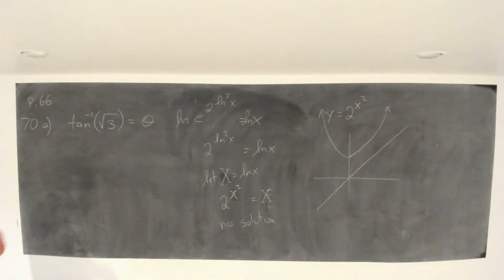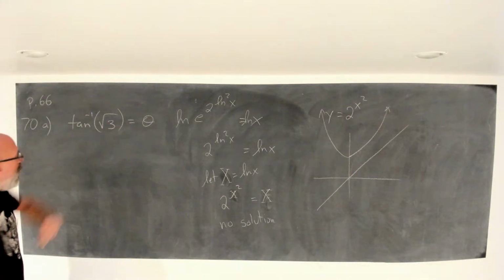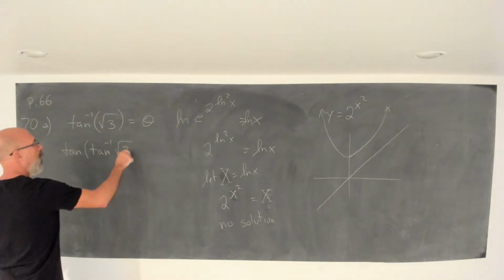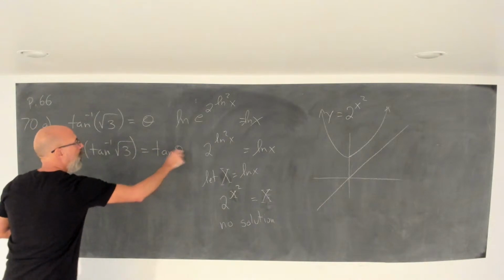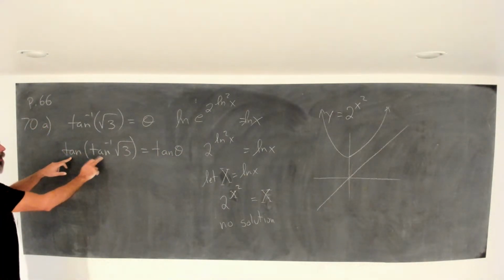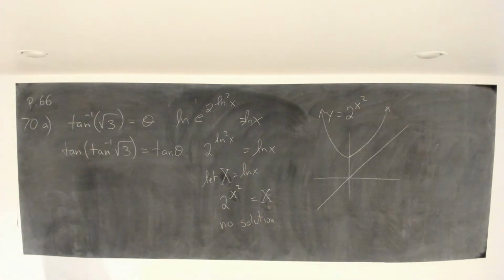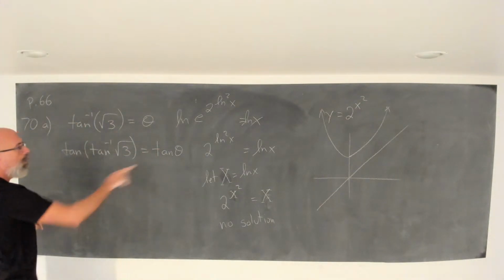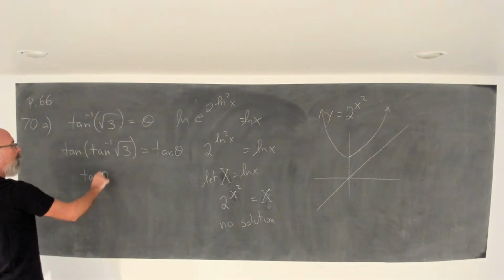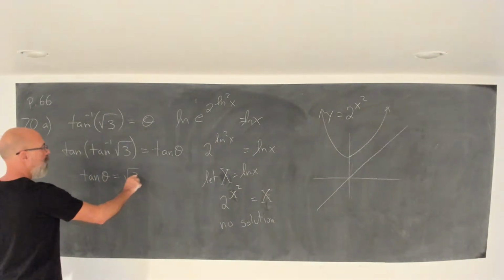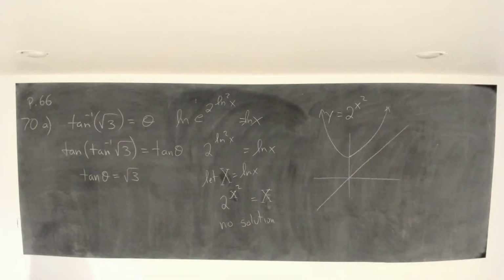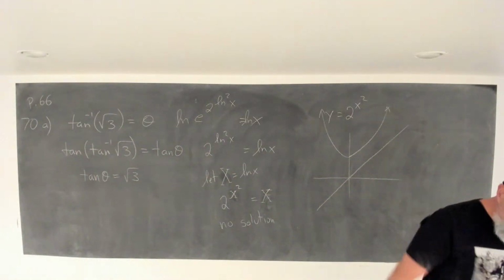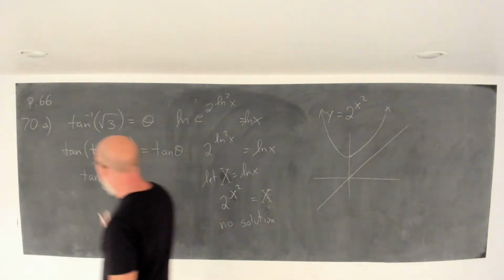Let's call it theta. This is equivalent, if you take tangent of both sides, to asking the question, since tangent and arctan are inverse functions of each other, these just cancel out. So we are asking for what value of theta is tangent theta equal to root 3. And as Joanna has suggested, the answer is pi over 3.